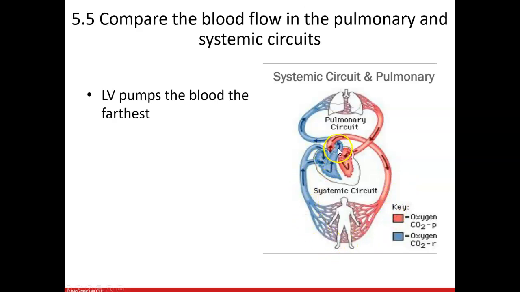The right side's going to pump the blood to the lungs and back. The left side's going to pump the blood to the entire body. And I put a note here to remind myself to tell you the left ventricle pumps the blood the farthest. So if you remember your chambers, this one right here is the left ventricle. The right atrium only has to pump blood to the right ventricle.